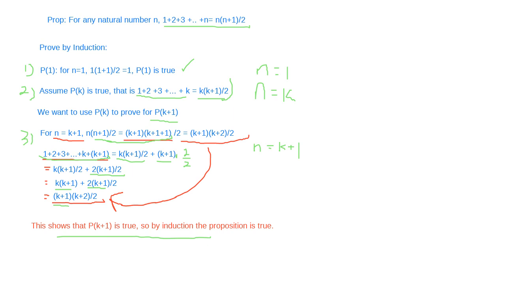In this case, by induction, we proved it works for all natural numbers. So we show for n equals 1, we assume it works for k, then we show it also works for k plus 1. This step is called induction. So in the end, the conclusion is P of k plus 1 is true, so by induction, the proposition is true.